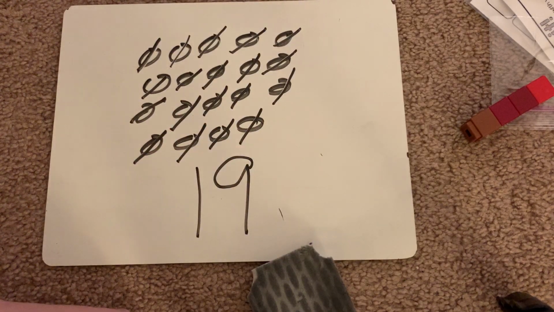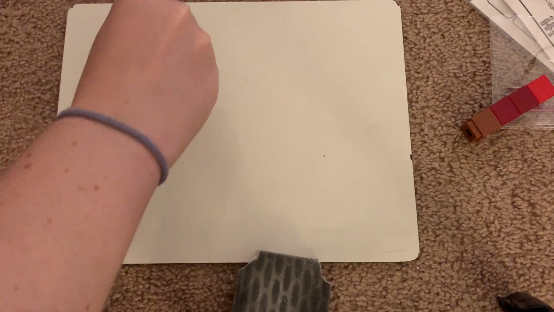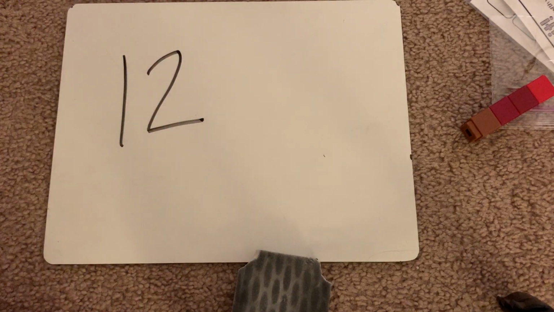All right, the last problem that we're going to do in this video, I know it's been a lot of work today. The last problem we're doing in this video, I'm going to give you a number and you have to draw that many circles. So here is my number, and on your piece of paper or on your whiteboard, I need you to draw that many circles. So first of all, what number is that?